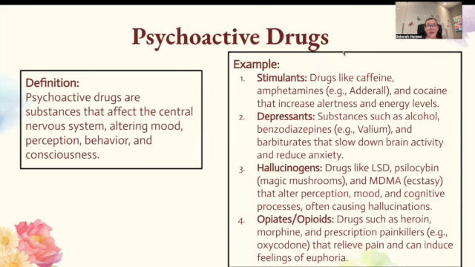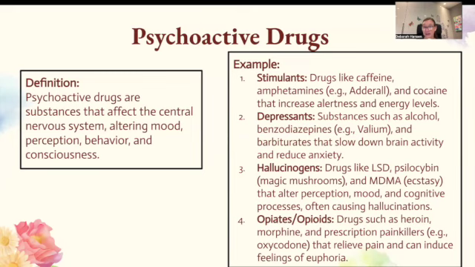Psychoactive drugs. Psychoactive drugs are substances that affect the central nervous system, altering mood, perception, behavior, and consciousness. So here are some examples of psychoactive drugs. First of all, stimulants. Drugs like caffeine, amphetamines, and cocaine that increase alertness and energy levels. Depressants, substances such as alcohol, benzodiazepines like Valium, and barbiturates that slow down brain activity and reduce anxiety.